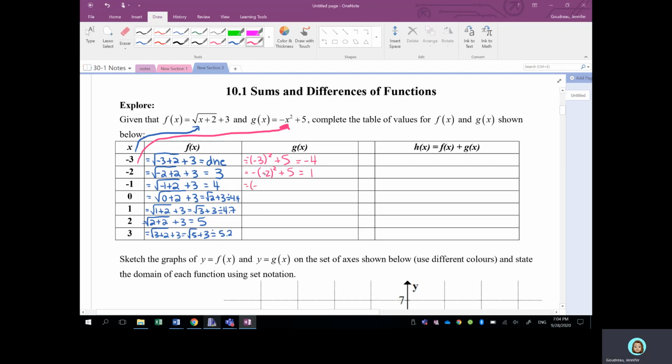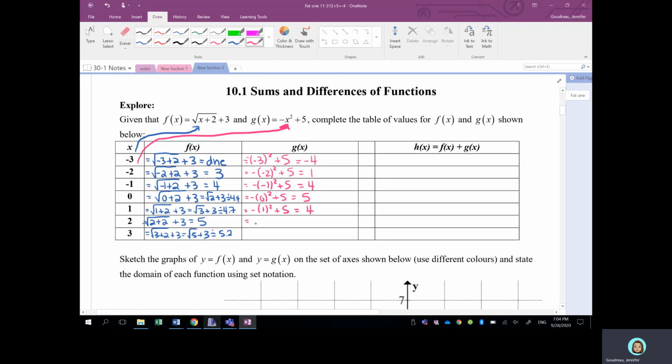Plugging in negative 1: negative 1 squared is positive 1, times negative 1 is negative 1, plus 5 is positive 4. Plugging in 0: squared is 0, times negative 1 is still 0, plus 5 is 5. Plugging in positive 1: squared is 1, times negative 1 is negative 1, plus 5 is positive 4.